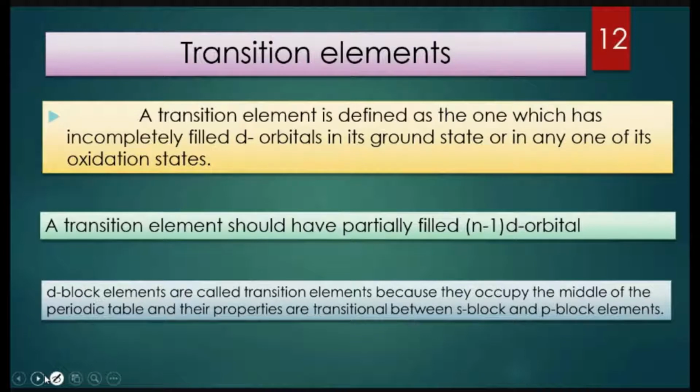So what I mean to say, here in the periodic table, d block elements occupy the middle position of the periodic table, that is in between the s block elements and the p block elements, and they also possess the properties possessed by both s block and p block elements. That is why we have used the term. Their properties are transitional between s block and p block elements, hence they are called transition elements.